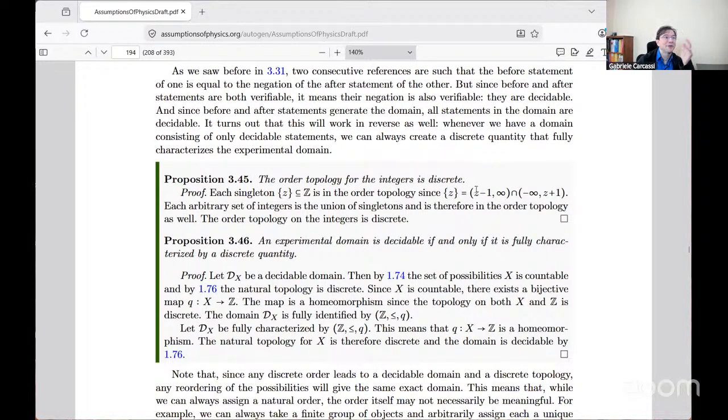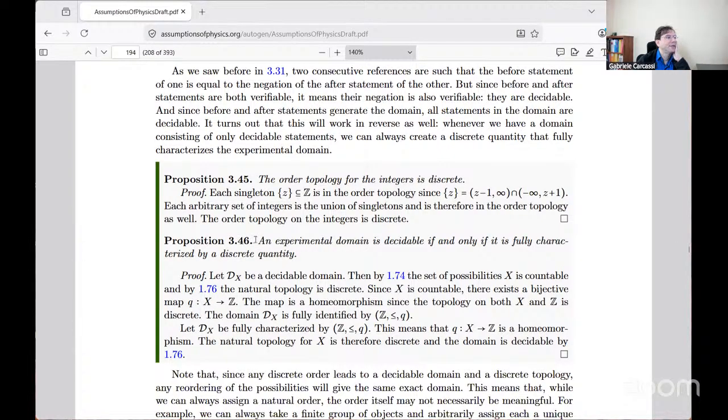And since the before and after are open sets, like they're verifiable statements, then the singleton itself is the intersection of two open sets. It's an open set. The intersection of two verifiable statements is a verifiable statement. So every possibility is verifiable. Every singleton is an open set, and then you have the discrete topology.